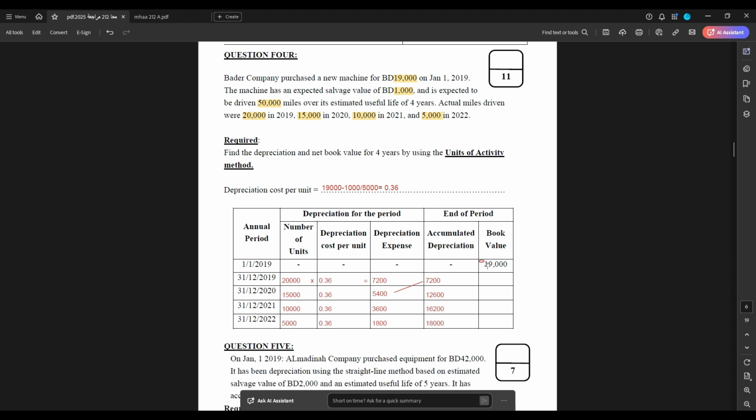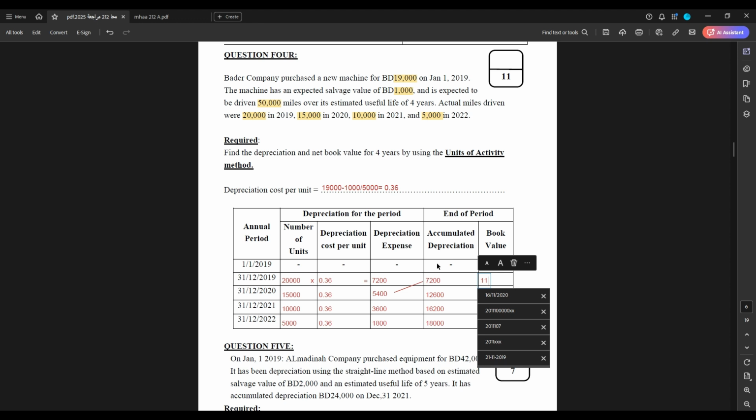So here we'll write 19,000 less 7,200 will be 11,800. Next year, 19,000 less 12,600 will be 6,400.